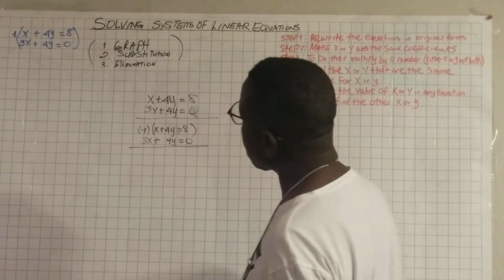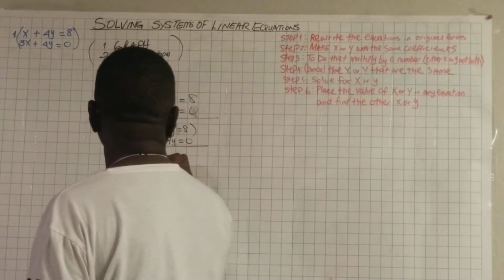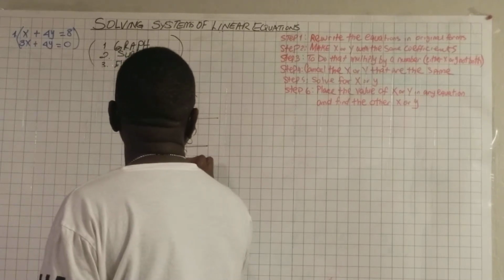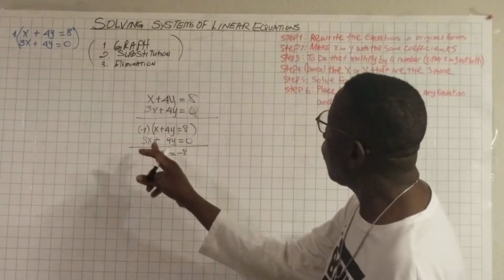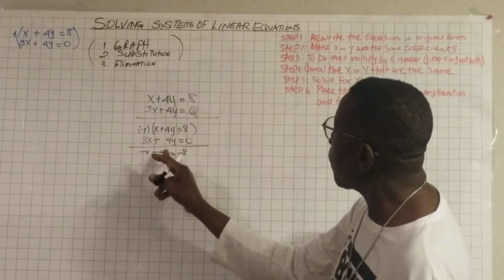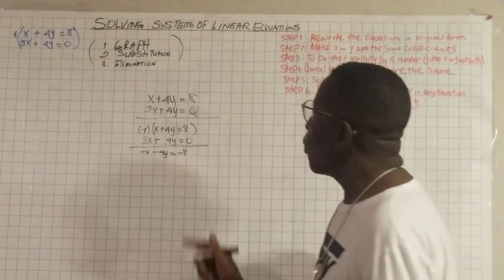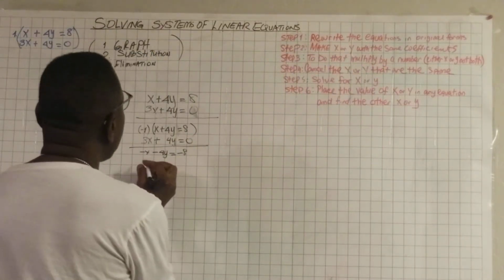Now let's do the multiplication in the first one. We're now going to have minus x minus 4y is equal to minus 8. Minus 1 times x is minus x. Minus 1 times 4y is minus 4y. Minus 1 times 8 is minus 8. Rewrite the second equation because we didn't multiply it or do anything with it.